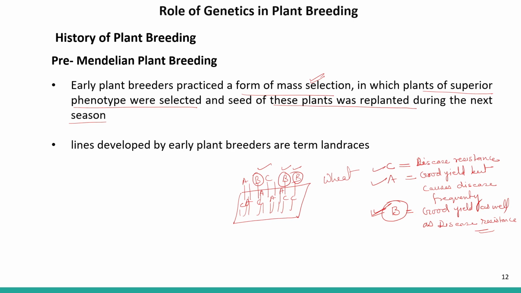The lines developed by the early plant breeders are termed landraces. So like this, they are able to select some of the seeds of wheat or any other crop. This is showing the superior phenotype. B1 is showing the superior phenotype, and they can use those seeds for their planting.